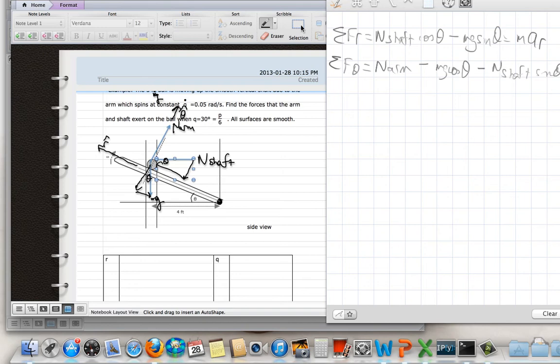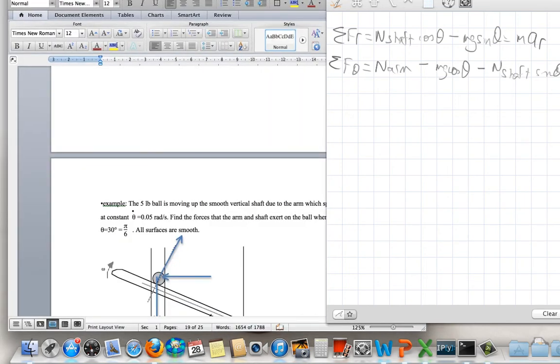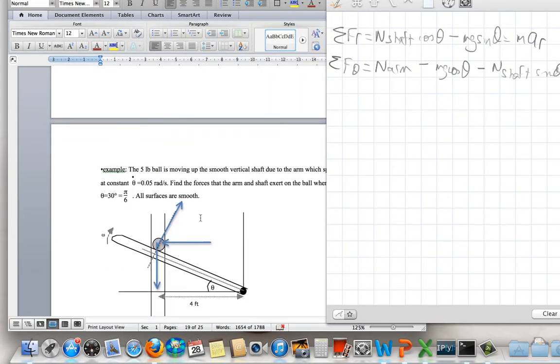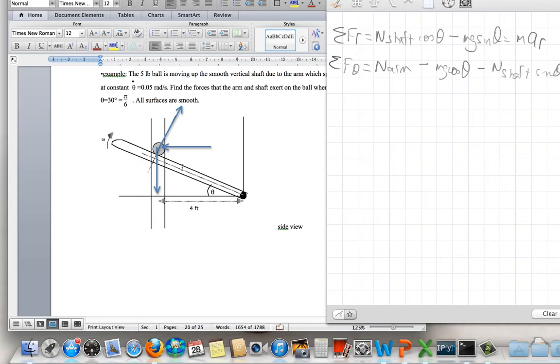So the next thing we need to do is some kinematics. If you notice here, this is the coordinate r, and then this side is fixed as 4. So we can draw a little triangle here. We could say, that's r, that's theta, and this side here is 4, and then this is the vertical shaft. So we see secant theta is hypotenuse over adjacent.